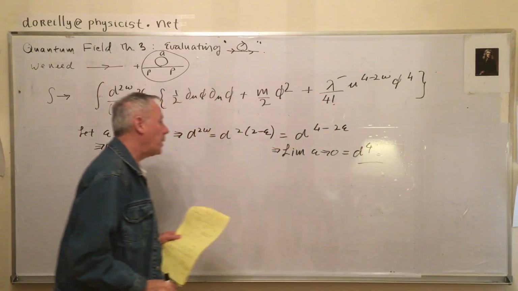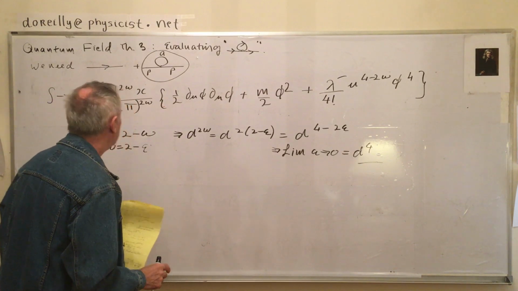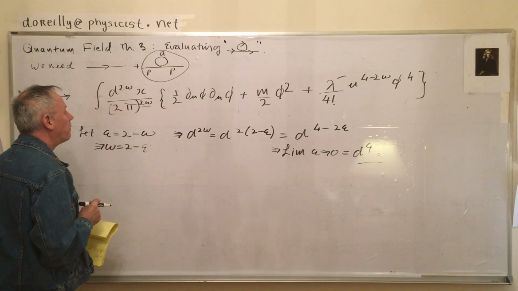So that the differential operator, when we take the limit of epsilon goes to 0, we get back to d to the 4. That's what's going on up here, and the same is true for this. That becomes a 2 pi to the 4th.